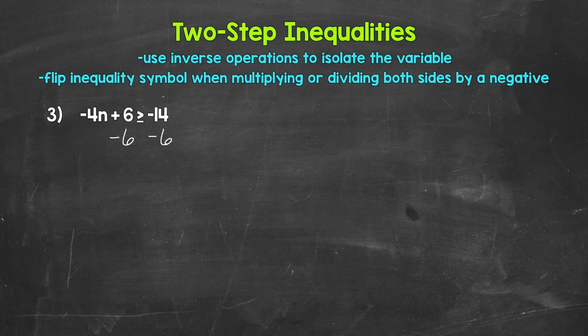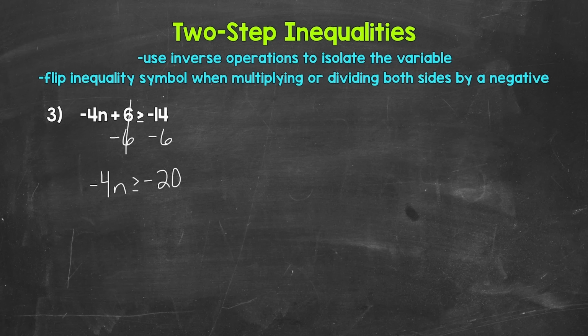That means we need to subtract 6 from the right side as well. Now these 6's cancel each other out. So we have negative 4n is greater than or equal to, and then negative 14 minus 6 gives us negative 20. So now we have negative 4n is greater than or equal to negative 20.